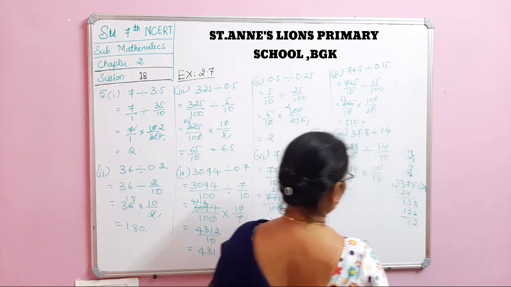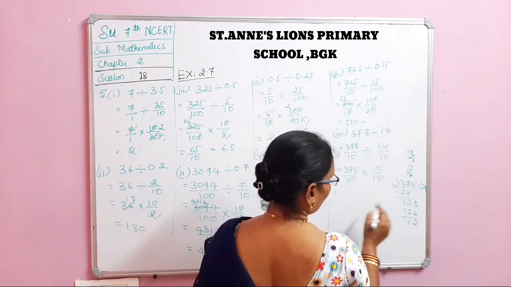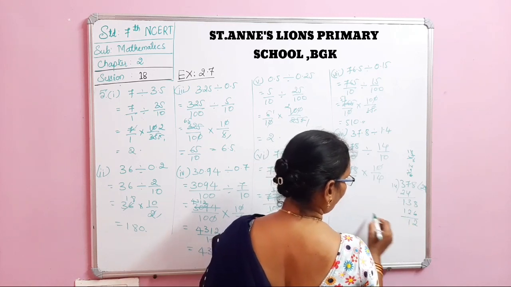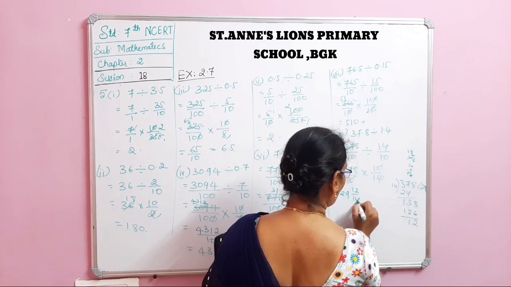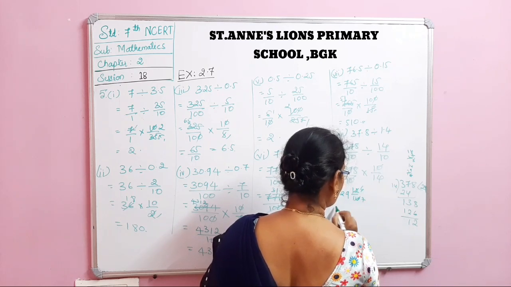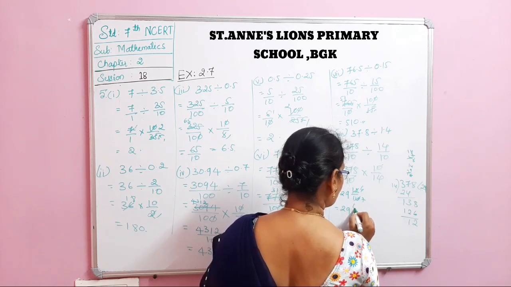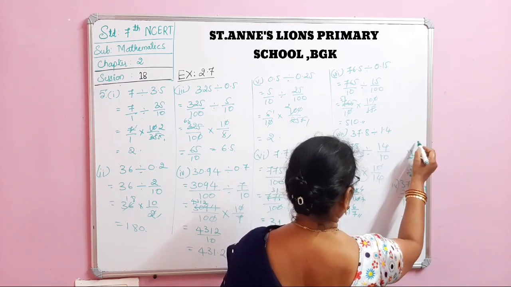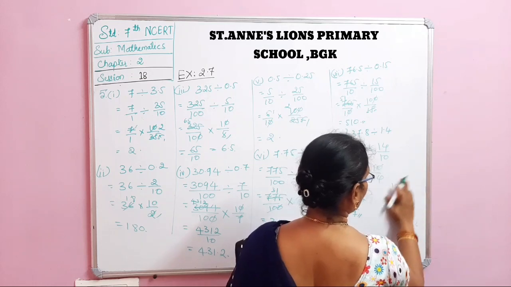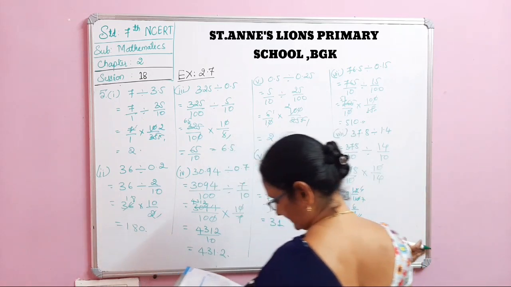So 29 integer 12 by 14. 29 integer 12 by 14, 2 6s are 12, 2 7s are 14. So 29, it is 6 by 7 will be the answer. Like this, in the working column you can work out the things.